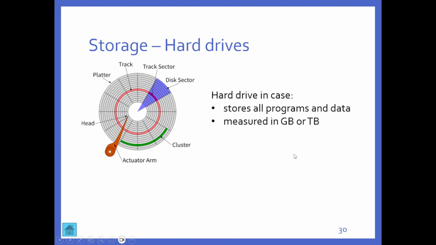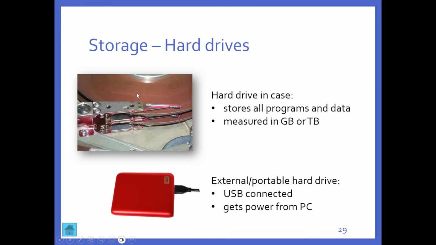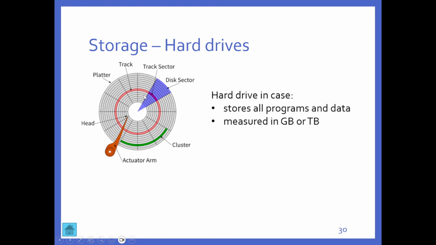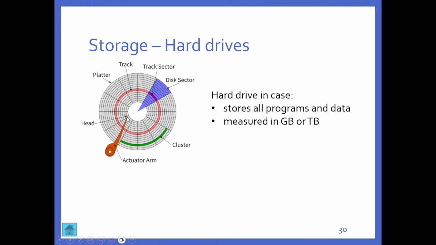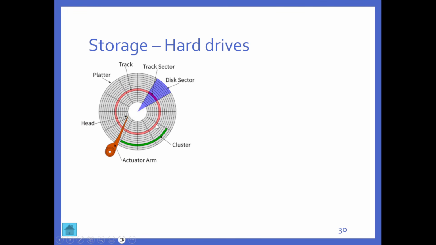Okay. Now, I just want you to have a look at this when it comes to our hard drives. This is exactly what I mentioned. Now, here you can see this is the platter, which is this that we were talking about over here. Here's your actuator arm. There you can see the actuator arm and the head that's writing the information.